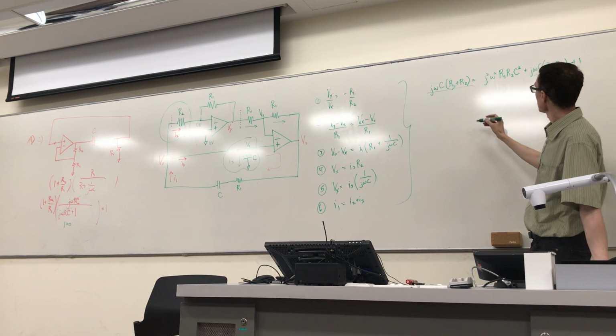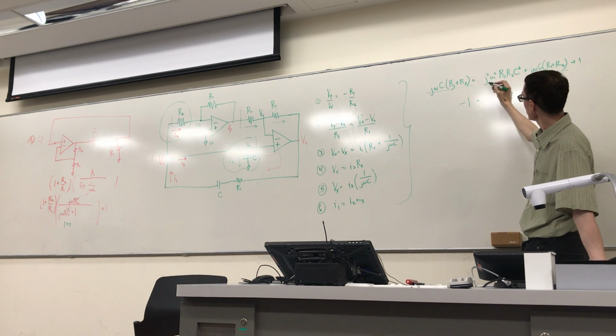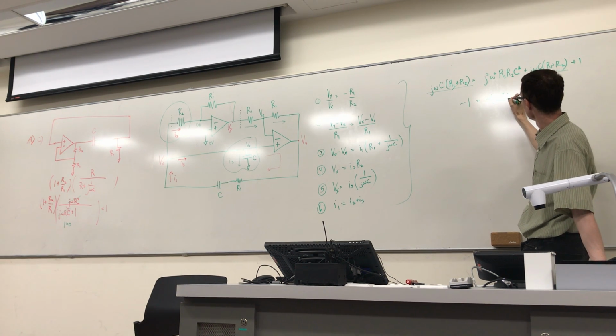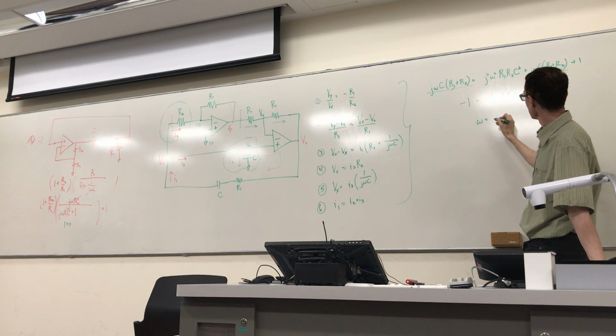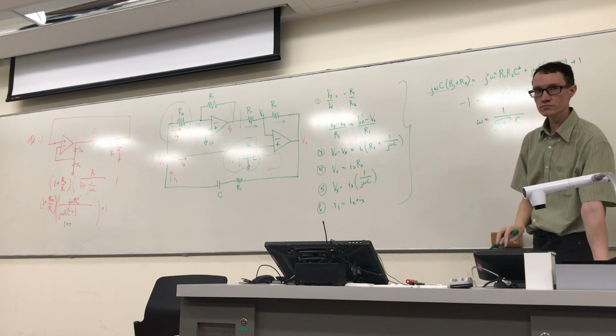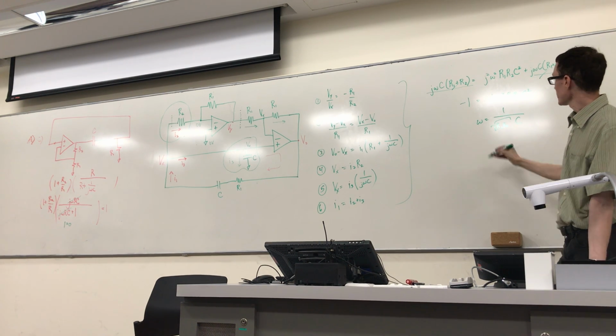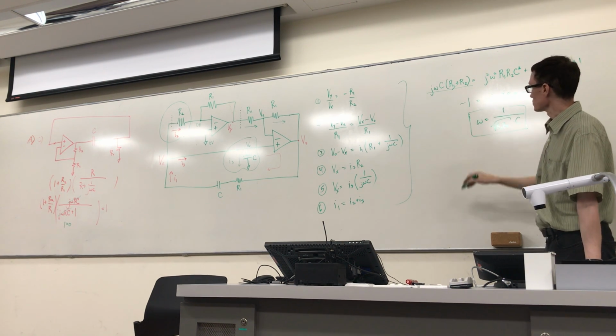Those cancel. So I'm just left with, let me move the 1 over, and j squared is minus 1. And I now have the frequency. So it's 1 over that, right? So I now have the frequency of oscillation, and that's the only answer that comes out.